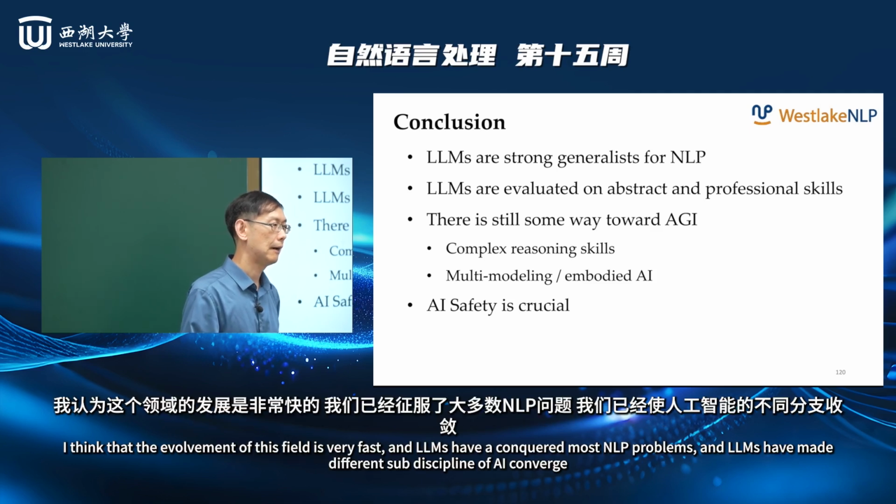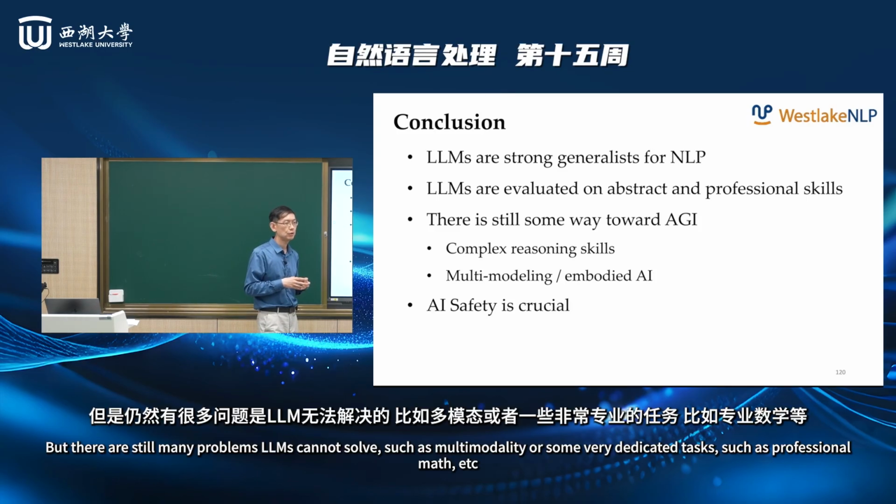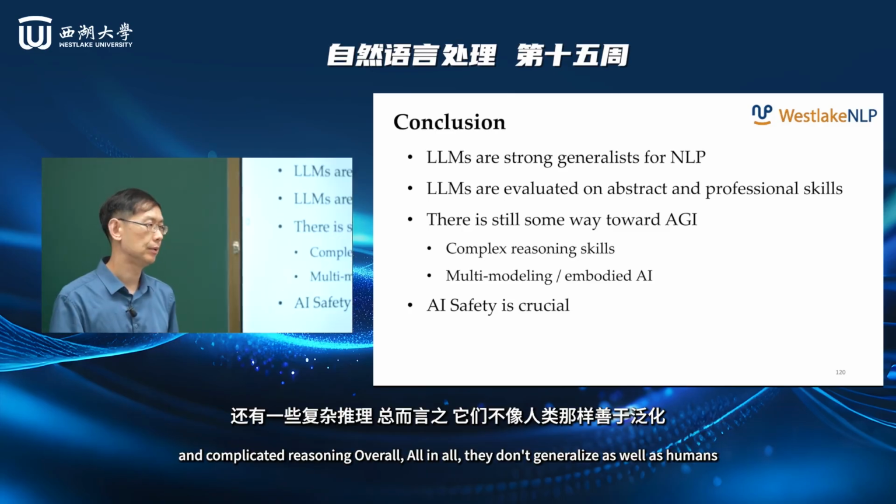And LLMs have conquered most NLP problems. And LLMs have made different subdisciplines of AI converge. But there are still many problems LLMs cannot solve, such as multimodality or some very dedicated tasks, such as professional math, etc., and complicated reasoning.